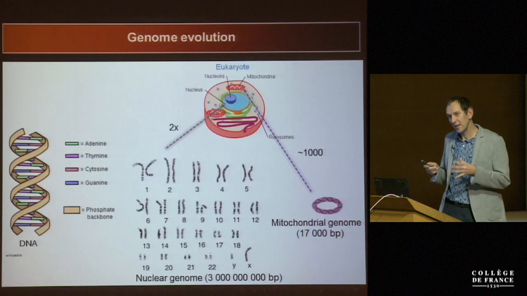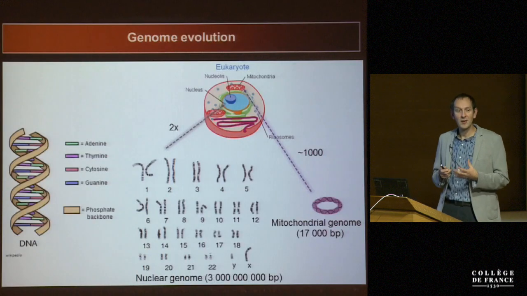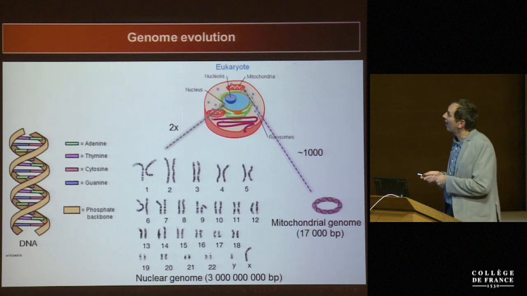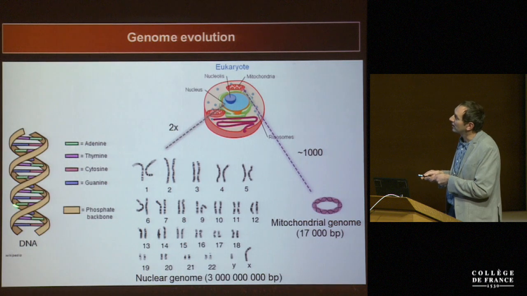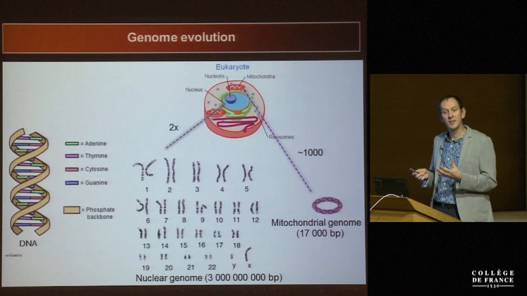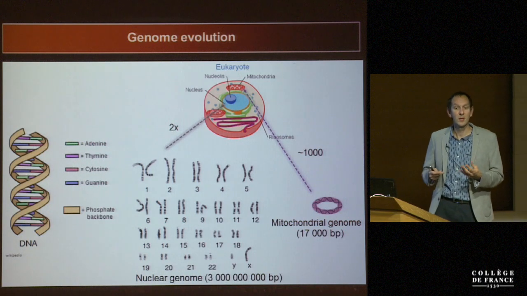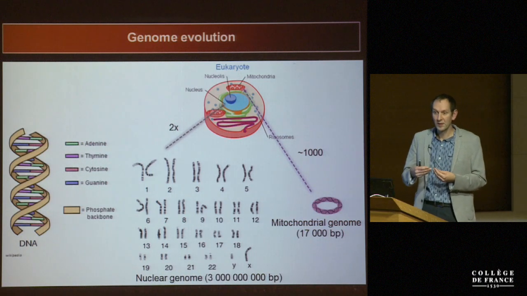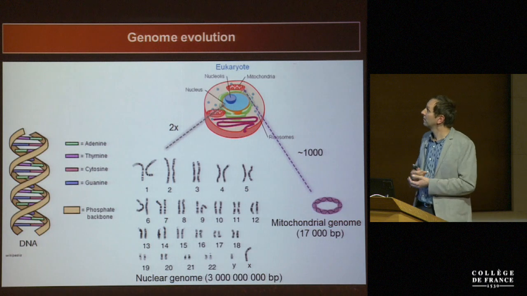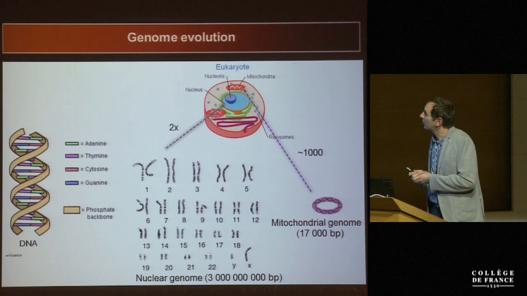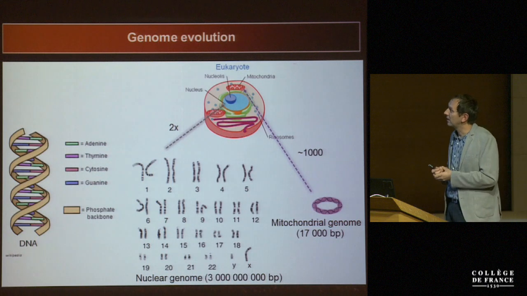To start on a very basic level, just to remind you what we're actually looking at, this is the structure of DNA. It's this beautiful helical structure that can be duplicated to form a double helix, and that provides a perfect mechanism to copy the genetic material in the cell. There are two types of DNA in the cell.